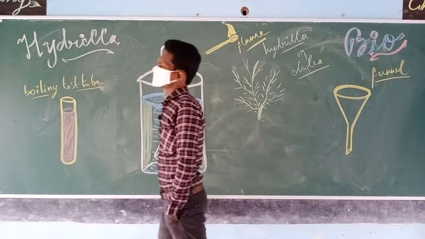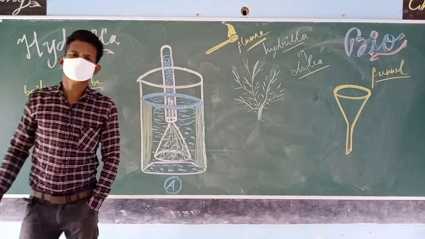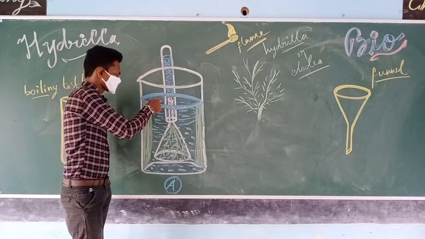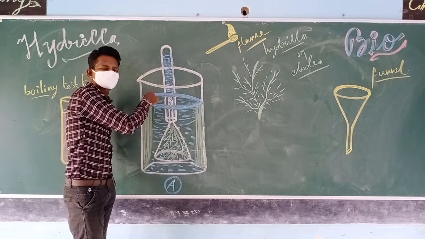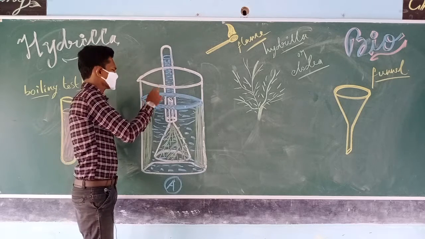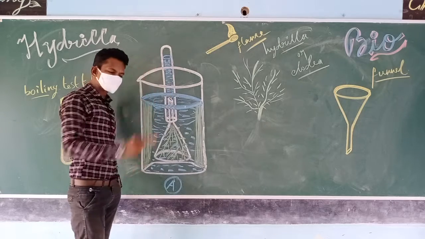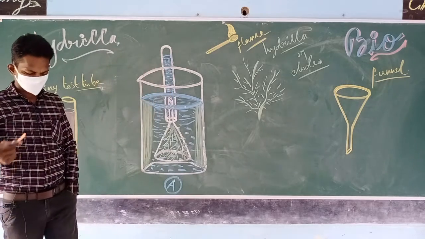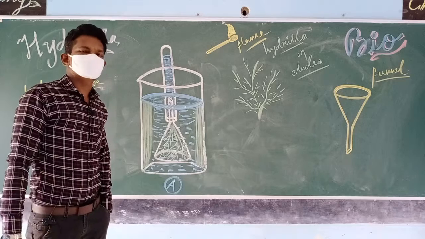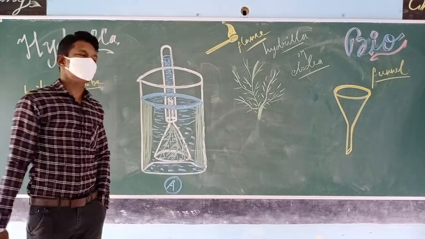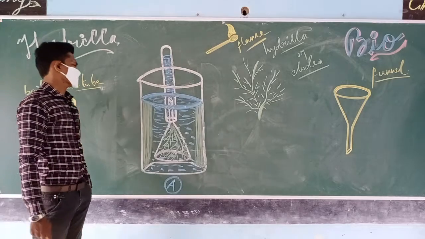After 2 or 4 hours, if we observe both setups, in the setup placed in the presence of sunlight, water bubble formation inside the boiling test tube will be clearly visible. But in setup B, which is placed in the dark room, there is no bubble formation.